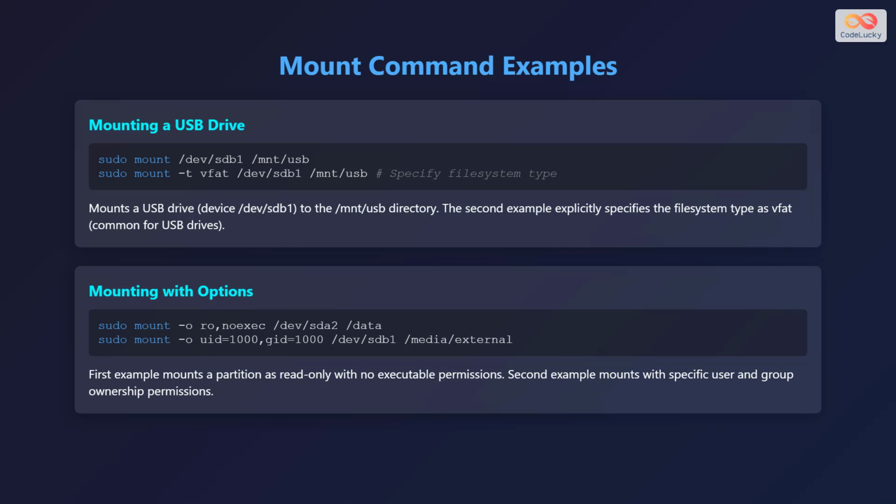To mount with options, the example shows sudo mount -o ro,noexec /dev/sdb2 /data. The partition is mounted as read-only with no executable permissions. Sudo mount -o uid=1000,gid=1000 /dev/sdb1 /media/external. This mounts with specific user and group ownership permissions.